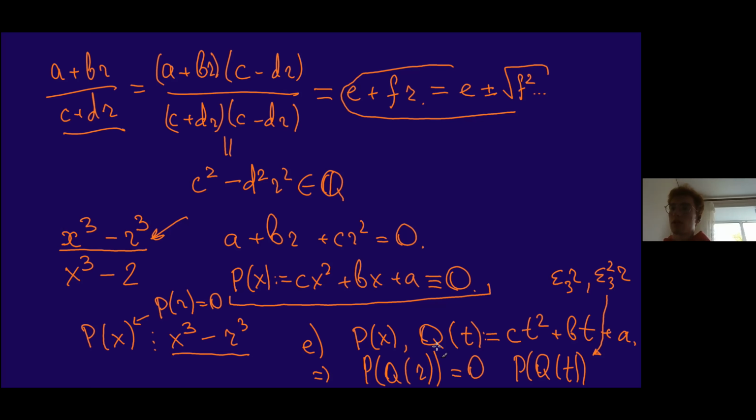Hence Q of epsilon 3 r and Q of epsilon 3 squared r are roots of P, but we have x1 equals Q of epsilon 3 r and x2 equals Q of epsilon 3 squared r. This concludes the solution of this problem.